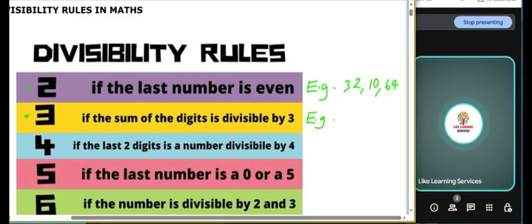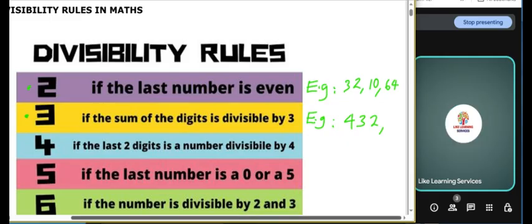For example, if you have 432, add up 4 plus 3 plus 2, which is 9, and 9 is divisible by 3, so it is divisible by 3.